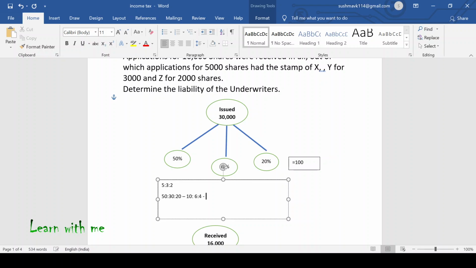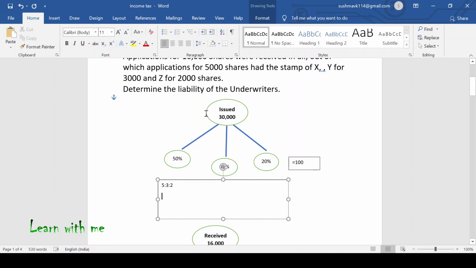Further, it can also be calculated like 2 fives are 10, 2 threes are 6, 2 twos are 4. So what is the final one? 5 is to 3 is to 2. In simpler form, I have removed all the zeros, and the remaining is 5 is to 3 is to 2.